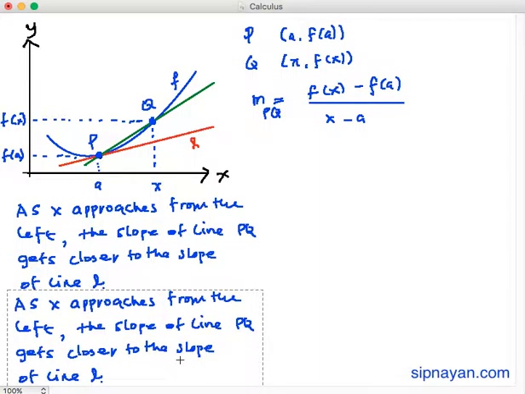As x approaches A pala to, no? Sorry, may kulang. Approaches A from the left, as x approaches A from the right, ganon din, the slope of line PQ gets closer and closer to the slope of line L.